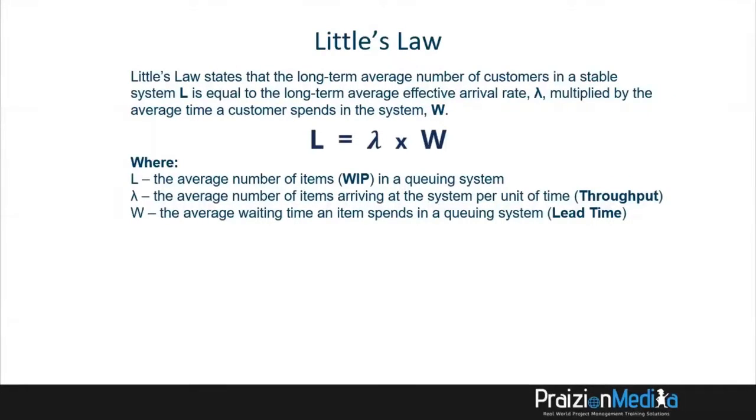Lambda, the average number of items arriving at the system per unit of time, we call throughput. And W is the average waiting time an item spends in a queuing system, lead time.